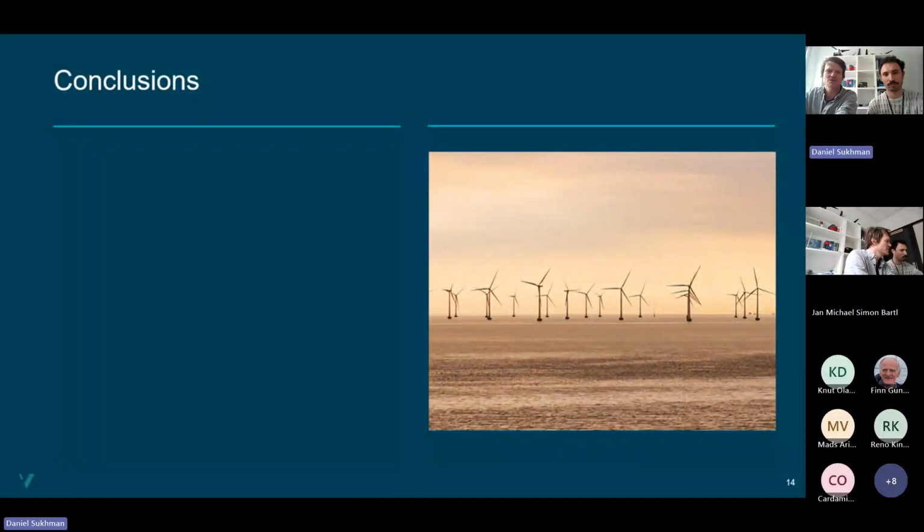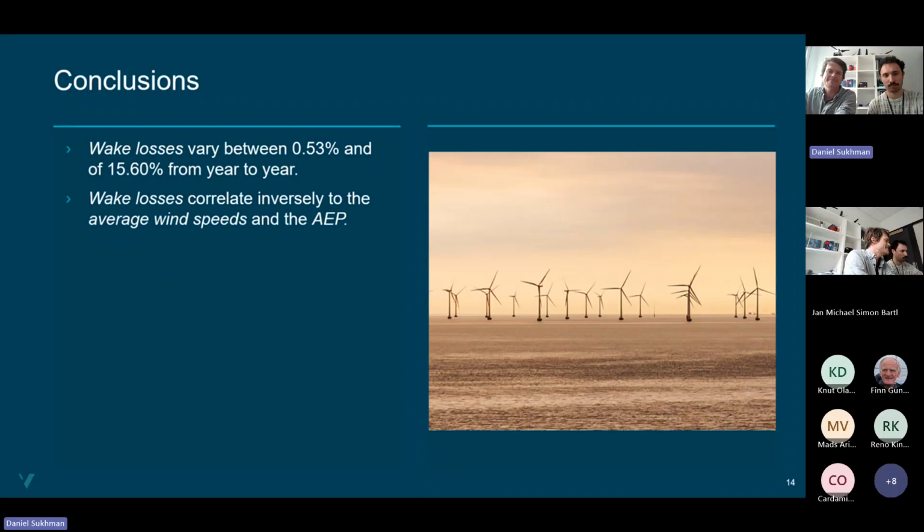Okay, to come to some conclusions in this presentation, we found that our wake losses had a very strong variation between only 0.5% and above 15%. And we found an inverse correlation of the wake losses with wind speeds and also the power production.